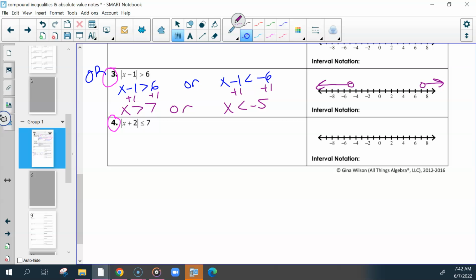So then our interval notation would be from -infinity to -5, or 7 to infinity. Do we have any questions on that one?